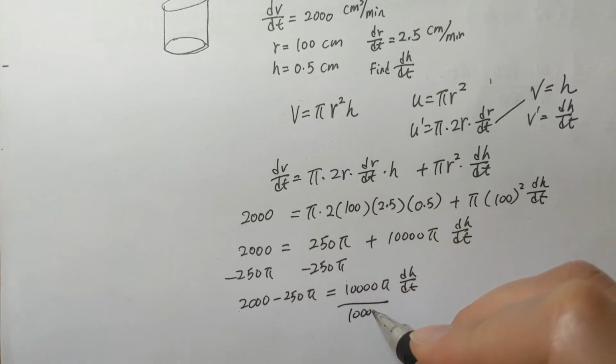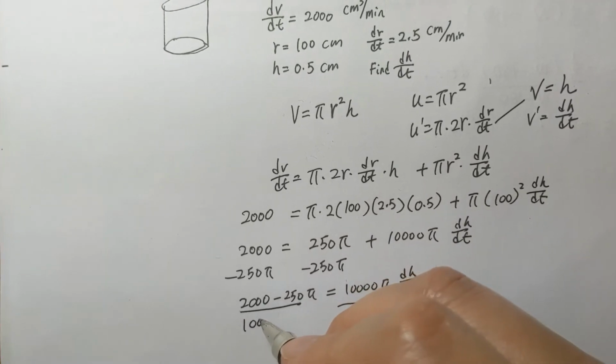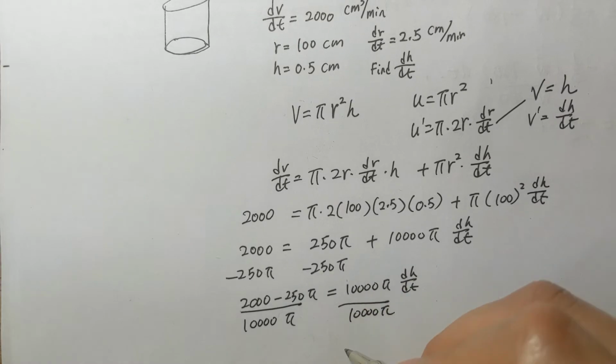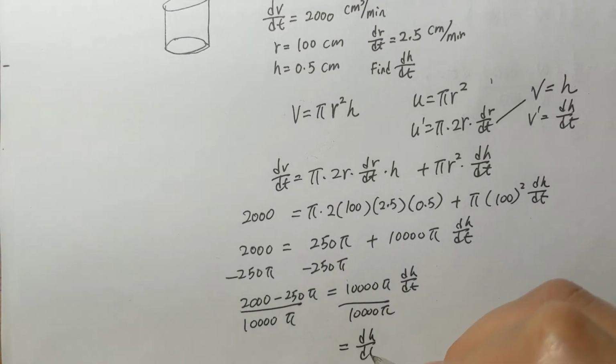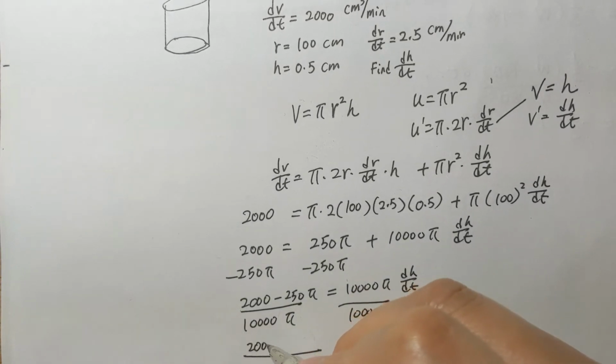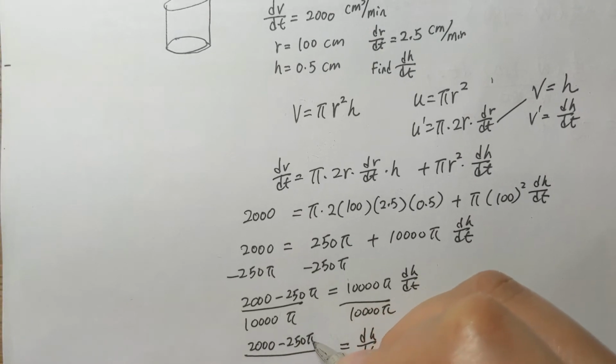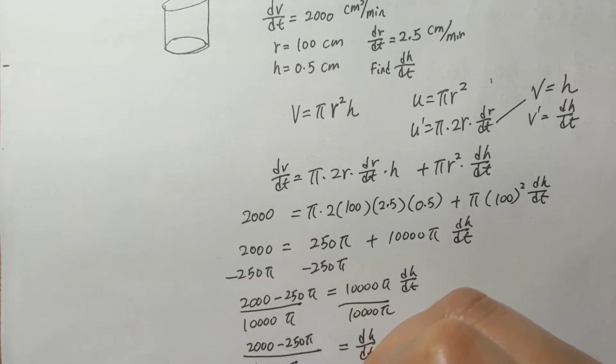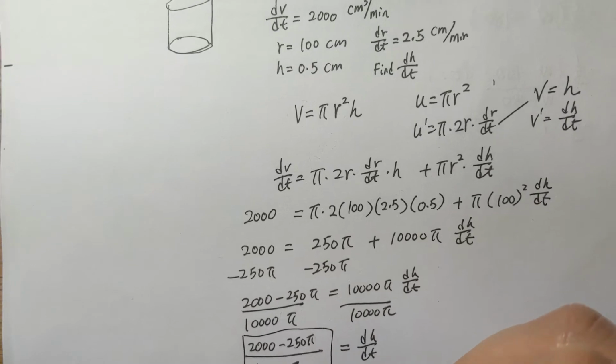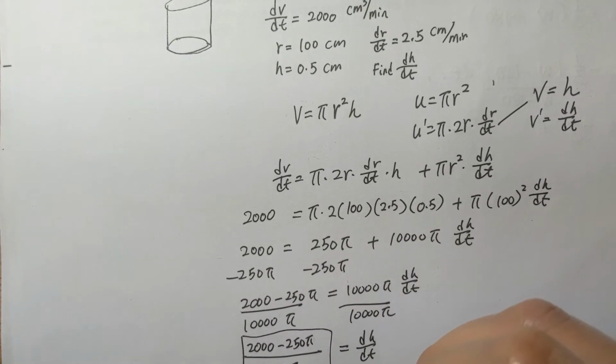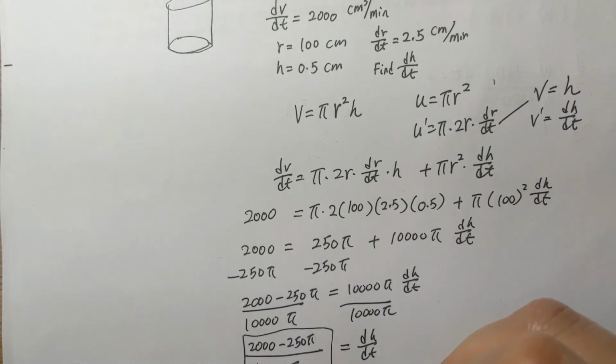Next, divide by 10,000 pi. So cancel, and you get dh/dt equal to this fraction. You can leave the answer as a fraction, and this is one-dimensional, therefore cm per minute.